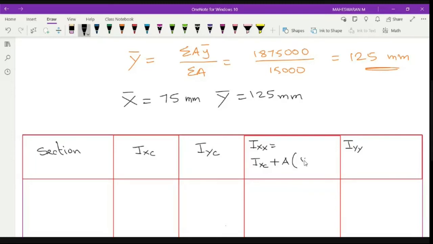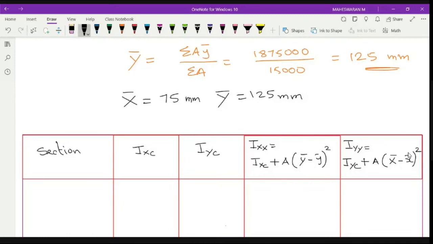So capital Y bar minus small y bar, the whole square. This is the common formula. Similarly, IYY is equal to IYC plus area into capital X bar minus small x bar, the whole square. This is the formula for your second part.